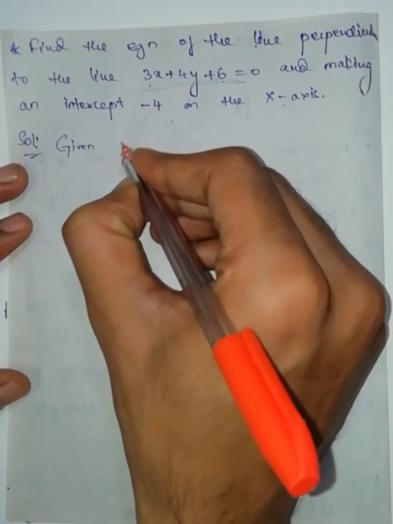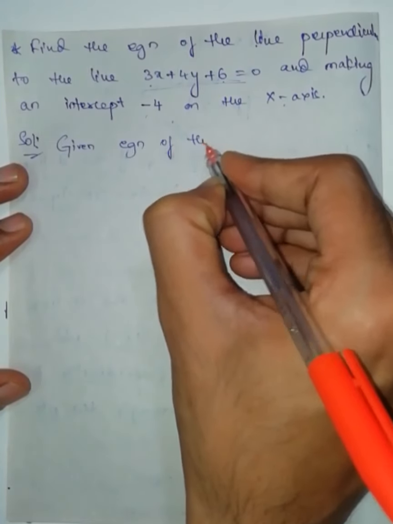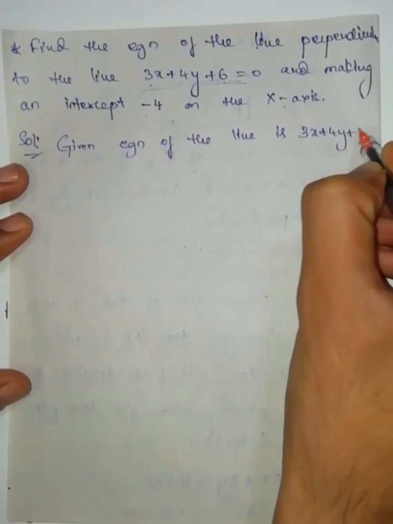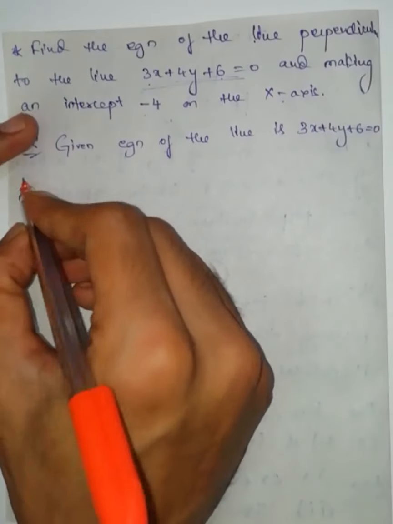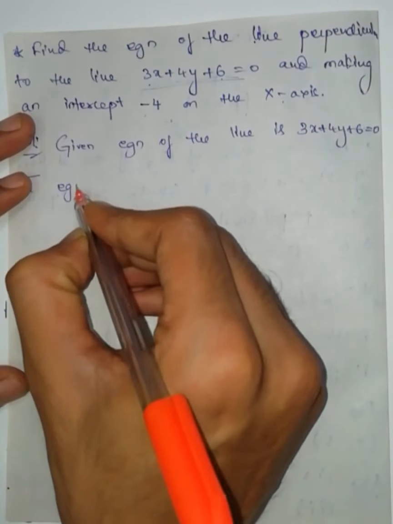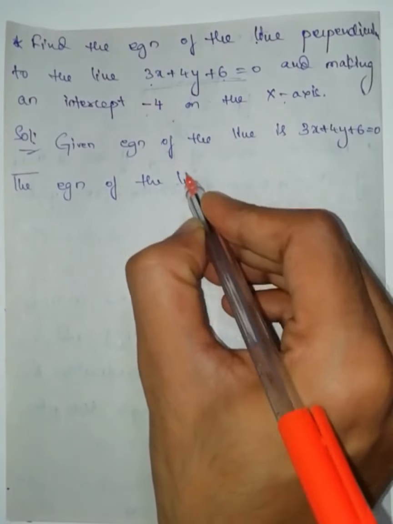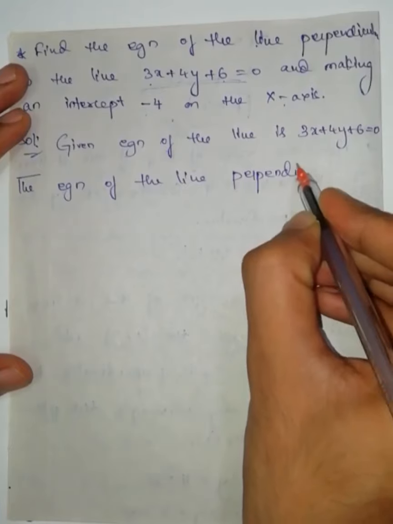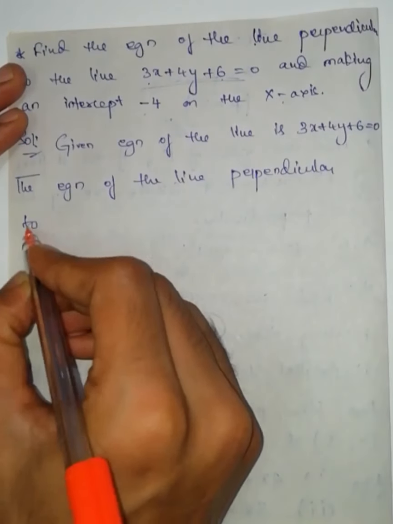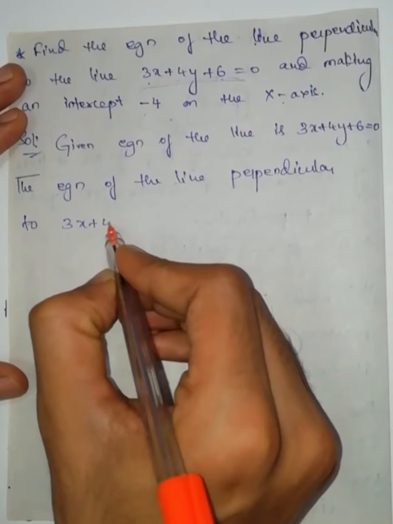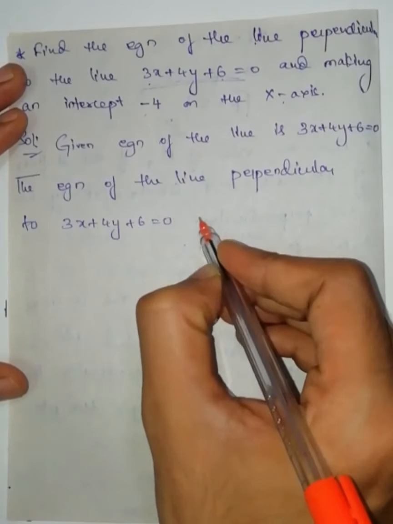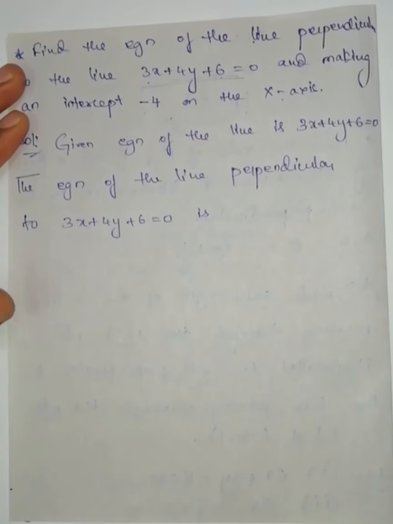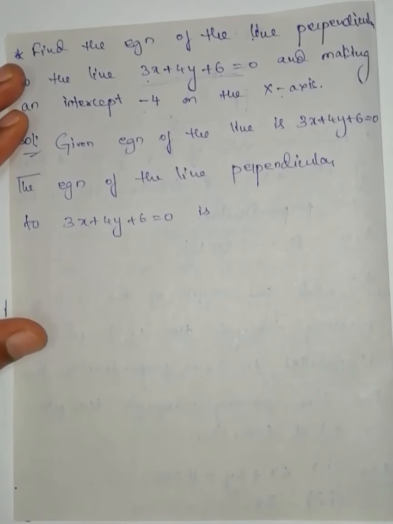Given equation of the line is 3x plus 4y plus 6 is equal to 0. The equation of the line perpendicular to 3x plus 4y plus 6 is equal to 0: the equation of a line perpendicular to ax plus by plus c is equal to 0 is bx minus ay plus k is equal to 0.